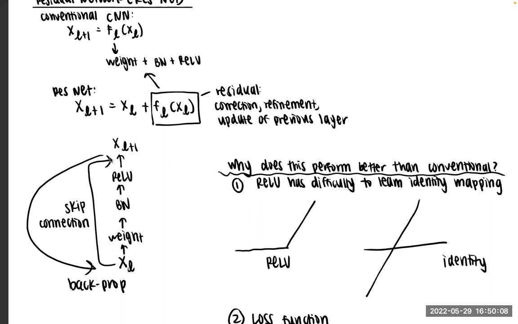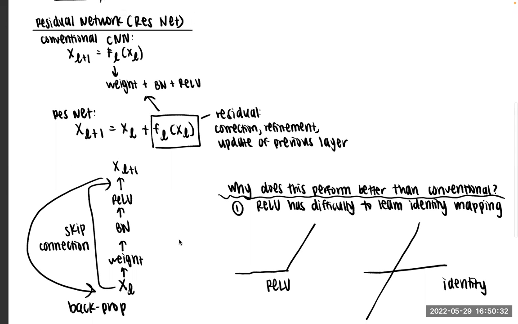This was inspired by the one by one convolution in GoogLeNet. And when you do backpropagation, you need to backpropagate along this path, but you also need to backpropagate along the skip connection so that the information can pass down very quickly. So that's a feature of this residual network.